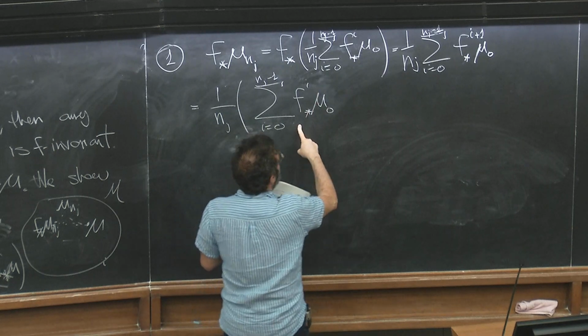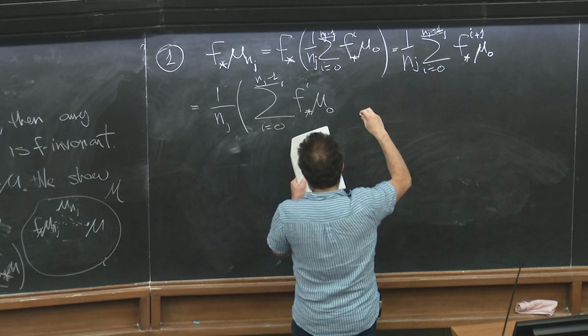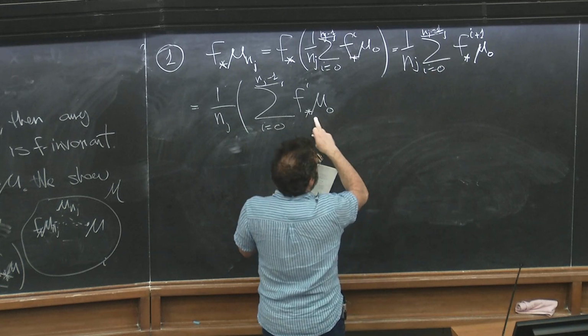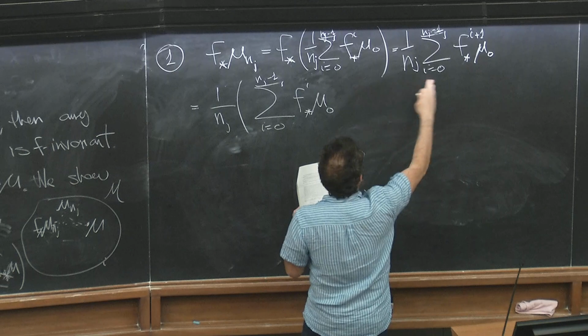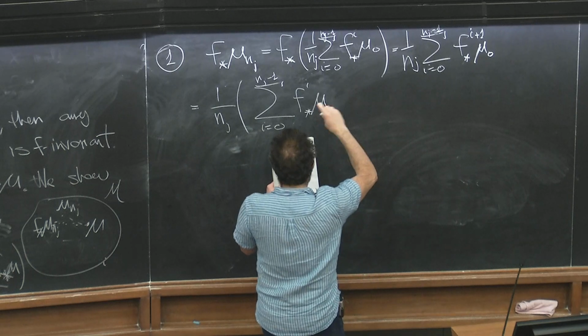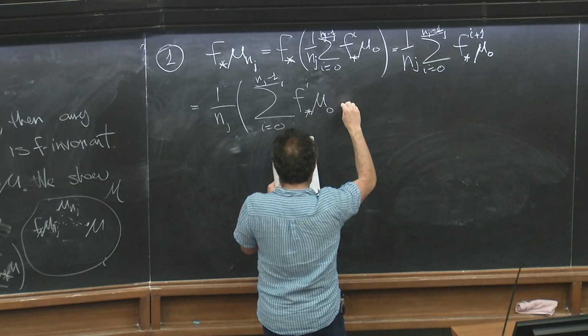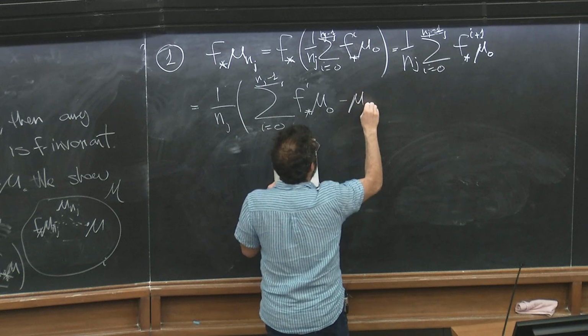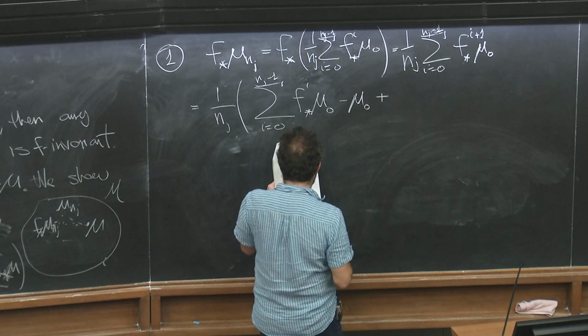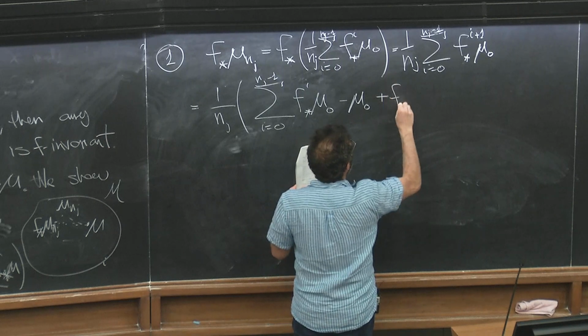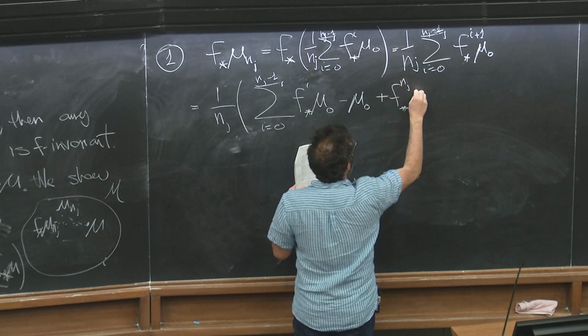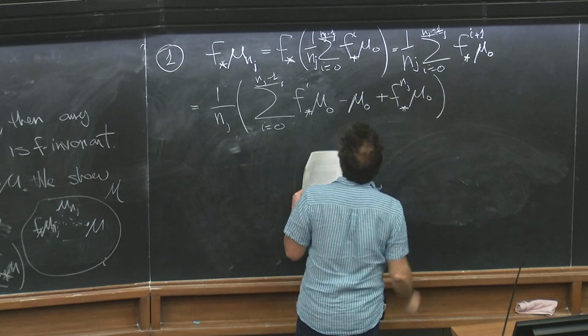But then, you can do the calculation, what we've got in this sum is a mu 0 too much, so we subtract mu 0, and then we're missing an f star nj of mu 0.